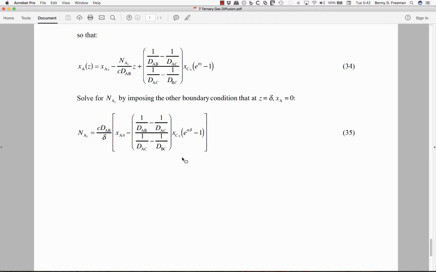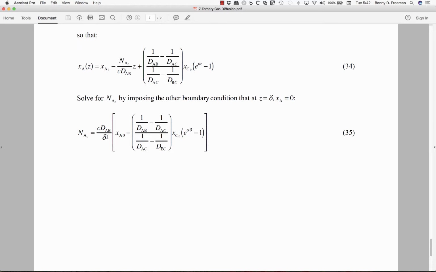Again, if there is no inert present, this second term in brackets goes away, and the flux of A is given by the very simple result: the diffusion coefficient of A through B times the concentration of A at the edge of the boundary layer divided by the thickness of the boundary layer.